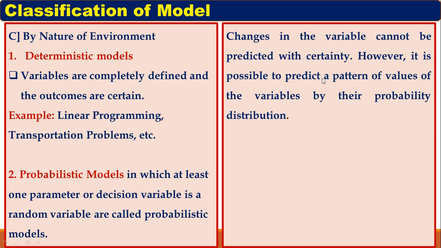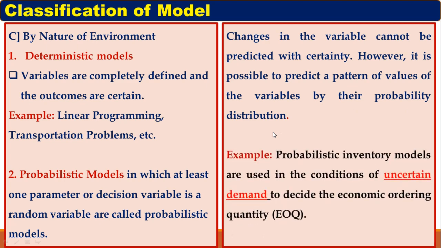However, it is possible to predict a pattern of values of the variables by their probability distribution. This probability distribution is a very important concept used to predict the pattern of values.